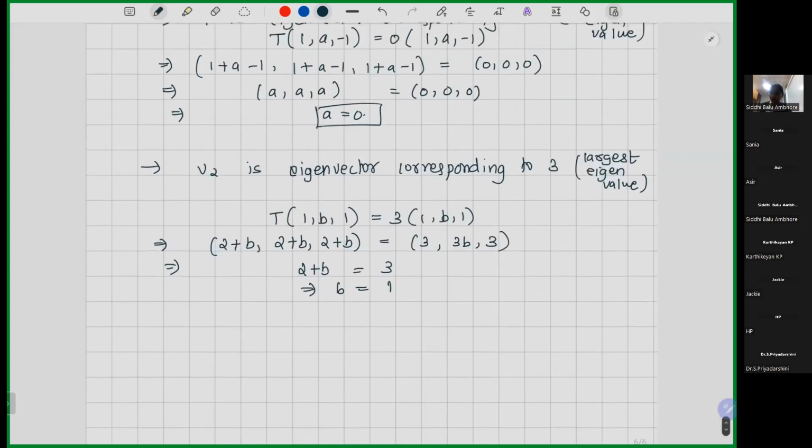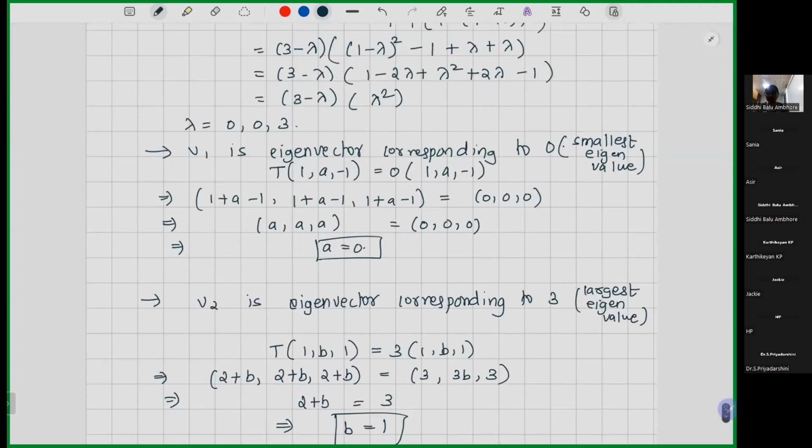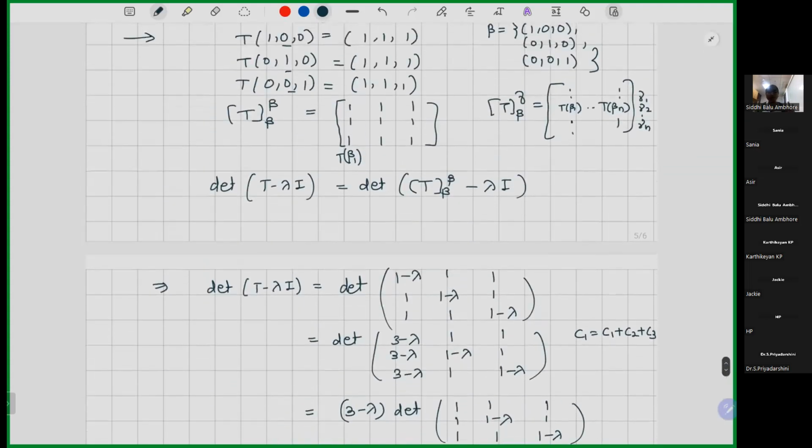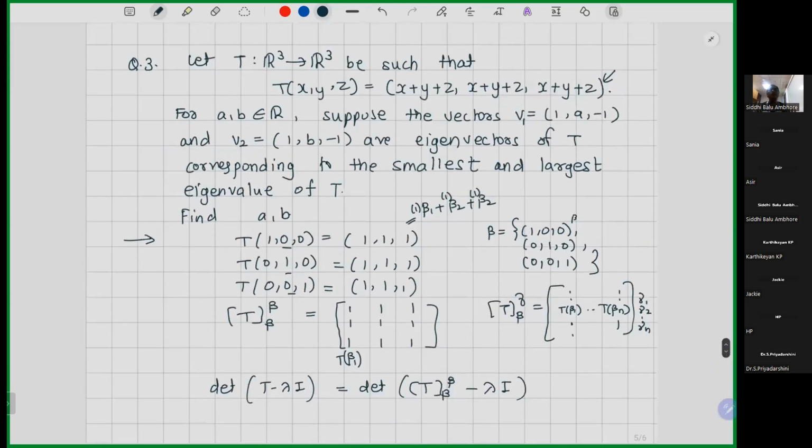So this was the required thing which we needed. We obtained the values of a and b which were asked. Is there any doubt here? This was a completely calculation-based question.